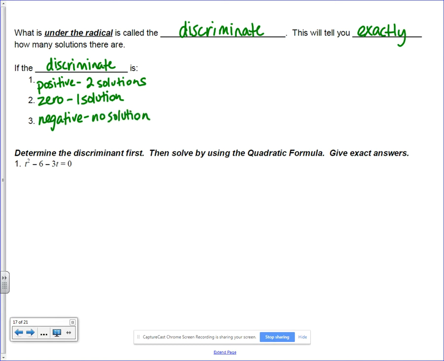Meaning it will either be completely above the x-axis or completely below the x-axis. Why does that happen if it's negative? Okay, so that's looking at the graph. What about the quadratic equation over there is a problem if it's negative?